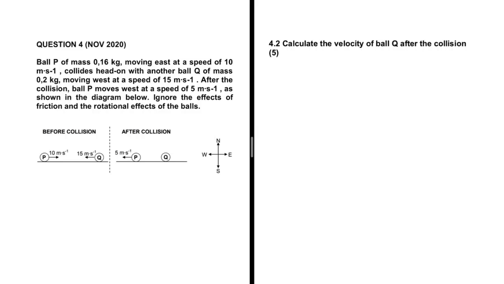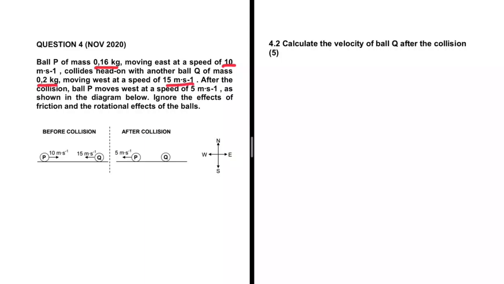So we have a ball P of mass 0.16 kilograms moving east at a speed of 10 meters per second. It collides head-on with another ball Q of mass 0.2 kgs moving west at a speed of 15 meters per second.